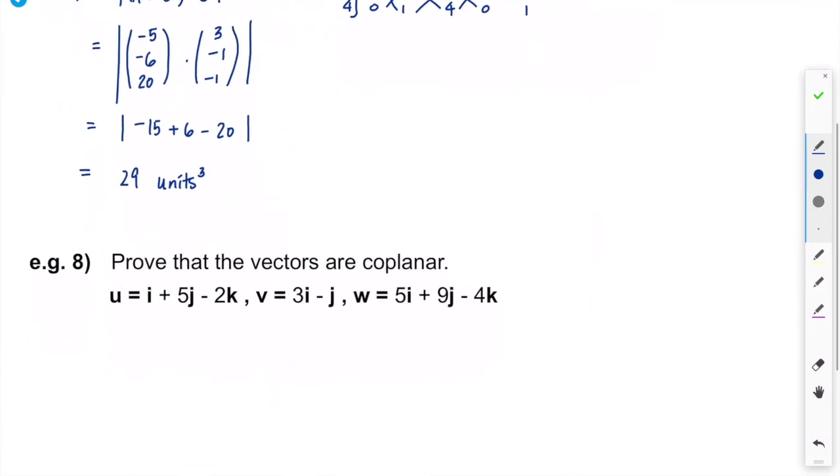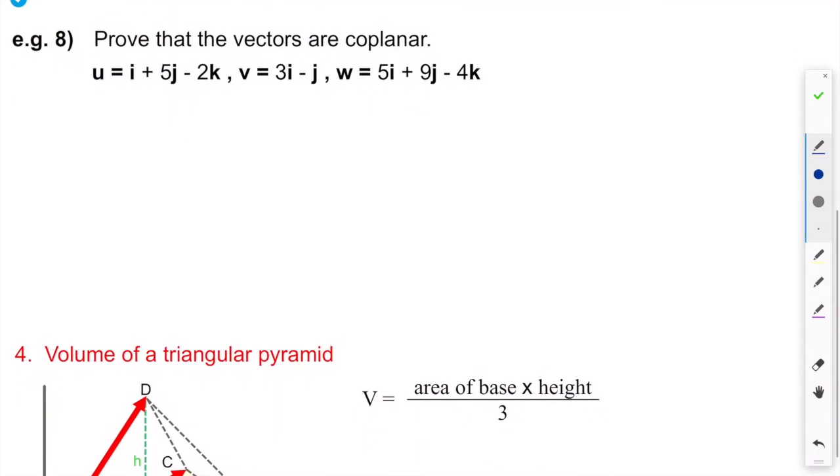Another special use of the triple scalar product is in the proof of whether vectors are coplanar or not. So if you think about it, the triple scalar product is used to find the volume of a parallelepiped, right? But if the 3 vectors that are used to form a parallelepiped are coplanar, what will happen to the volume of that thing?